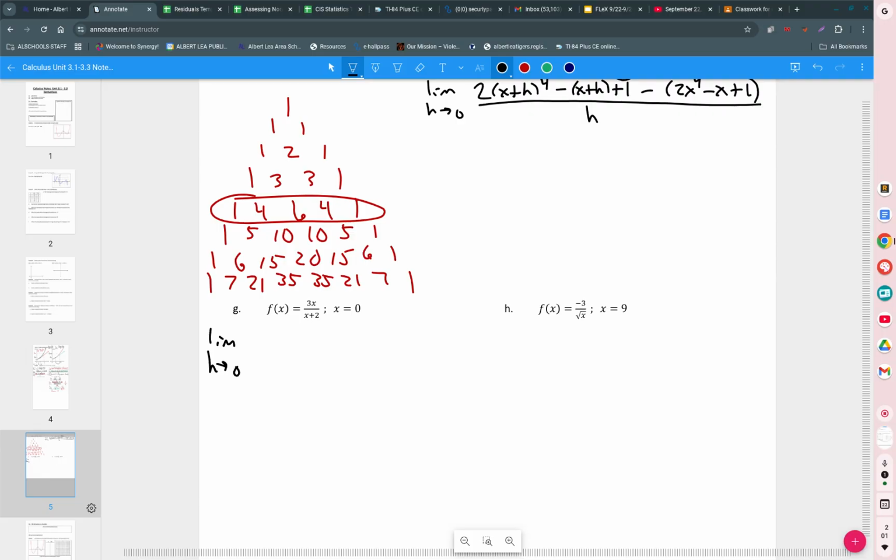So I'm going to write it out as 2 times, and x plus h to the 4th is going to be easy. It's going to be an x to the 4th, an x cubed h, an x squared h squared, an xh cubed, and an h to the 4th.